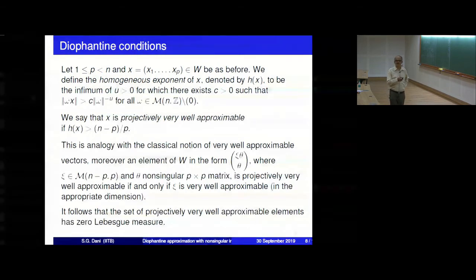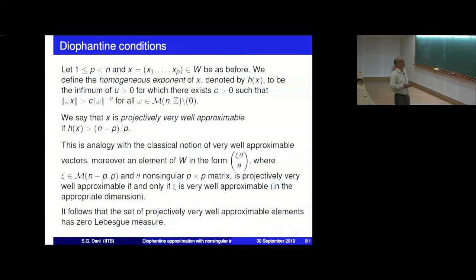This corresponds to the exponent in the usual Diophantine theory, but with a certain modification. So this number is called the homogeneous exponent of this p tuple x.